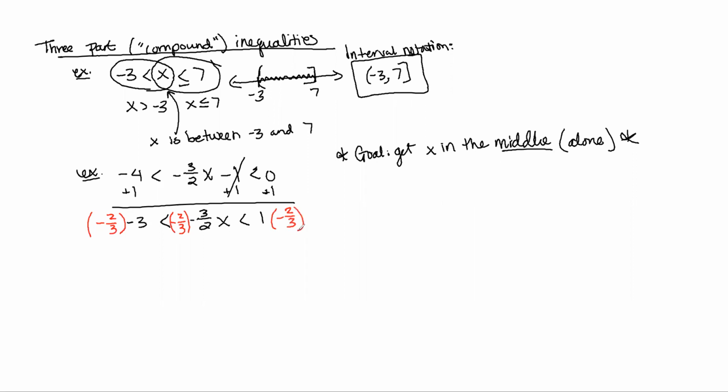And so now this is one to be careful with. Not all of them are going to be like this, but if you have a negative when you're multiplying or dividing, remember we flip our inequalities. Same thing here, except now we have two inequalities to flip. So we need to flip the left and the right inequality. In the middle, we're left with an x.